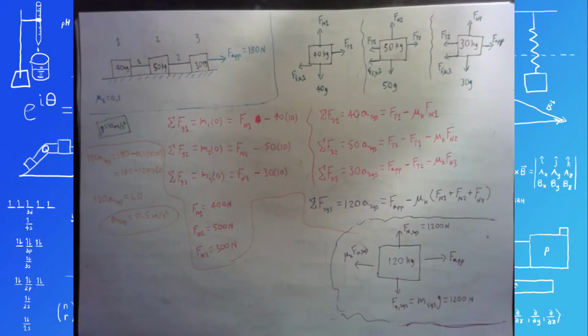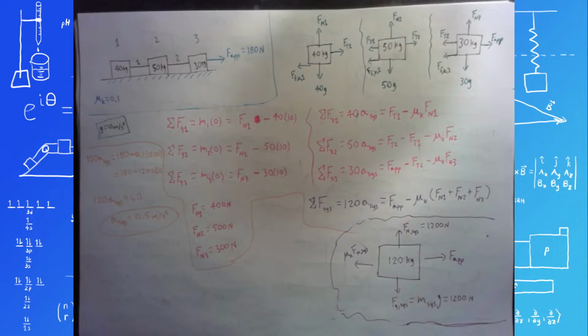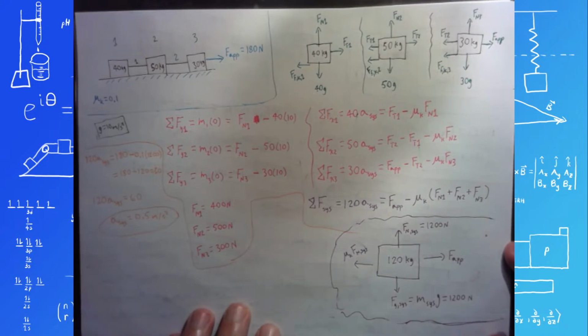The bonus question is, what is the minimum coefficient of static friction needed if we want to keep this system from moving? So in other words, to give this system an acceleration of 0 with an initial velocity of course 0, what would the static friction need to be in order for the acceleration to be 0?